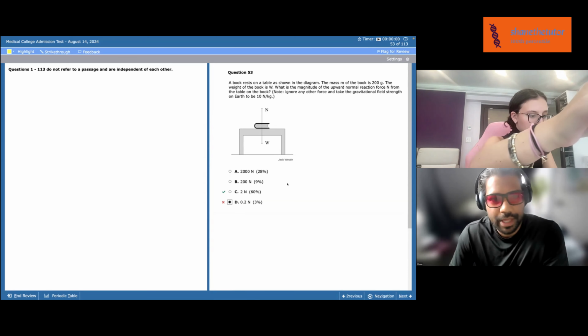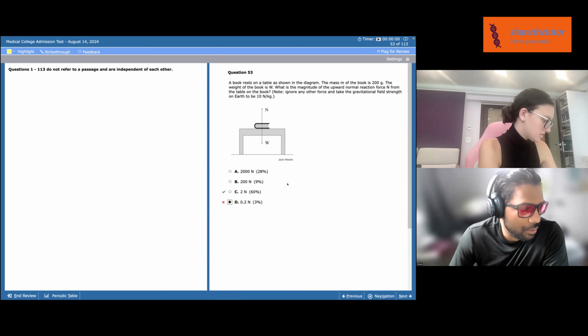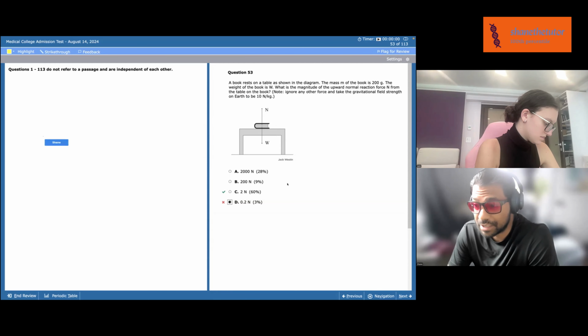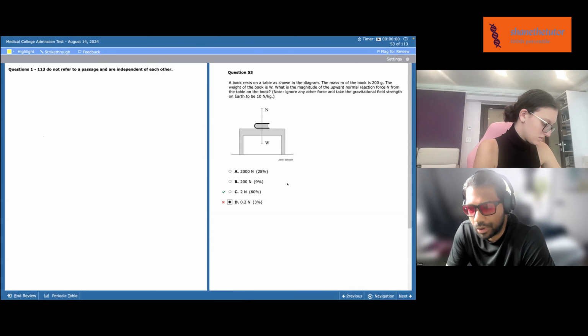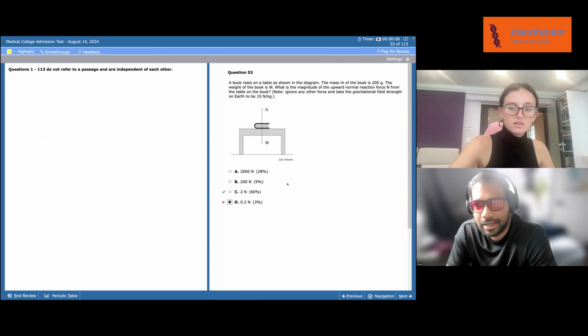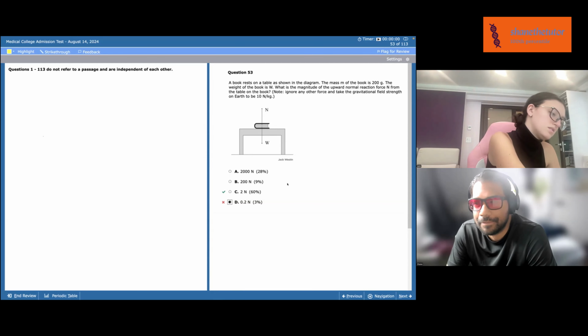You want to make sure that you know the formulas, especially that one, because that's the most important one in physics. That's Newton's second law, F equals ma.